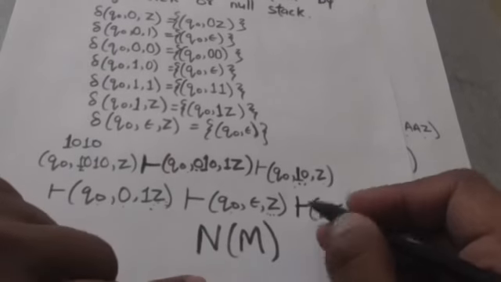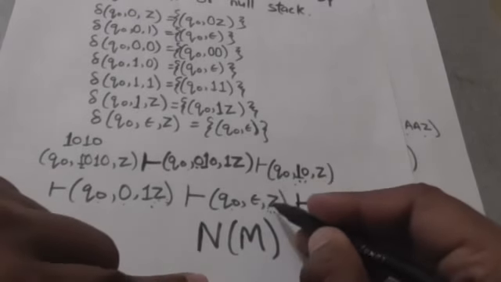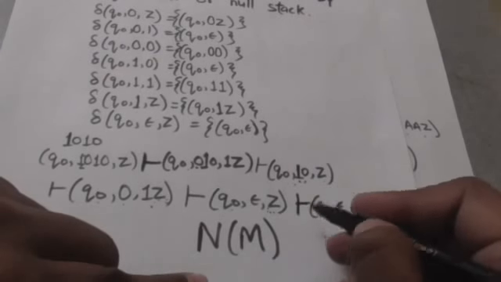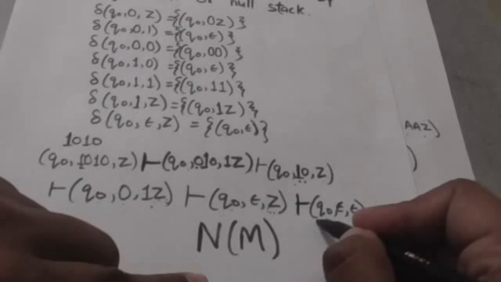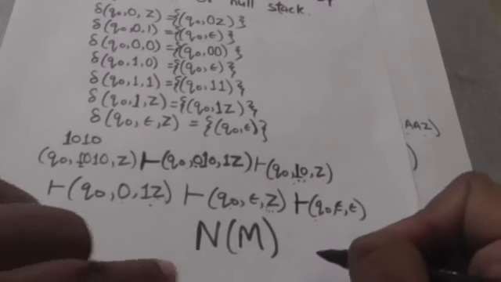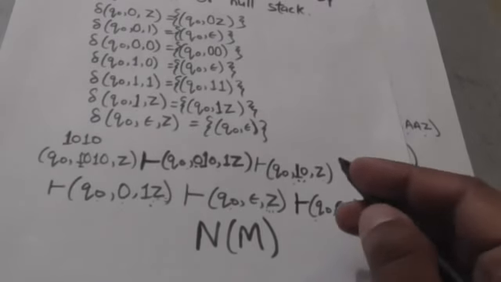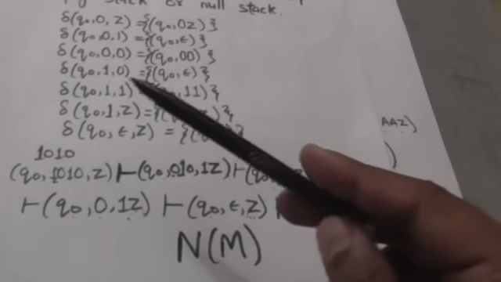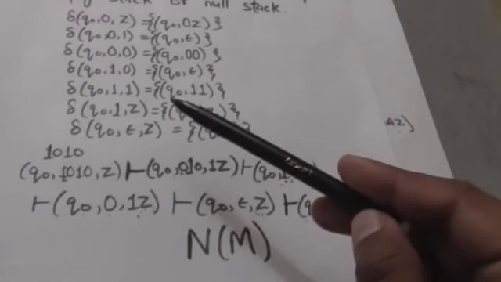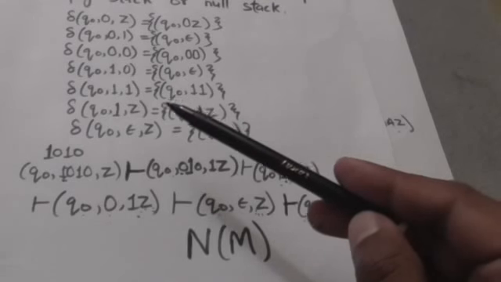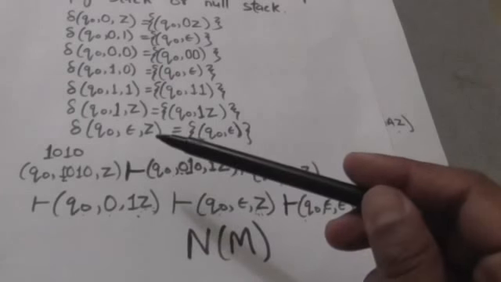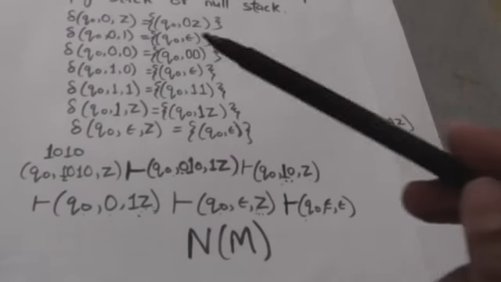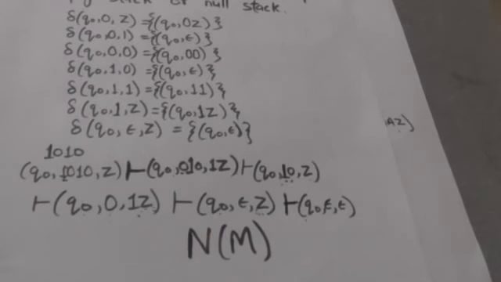So when it pops Z from the stack, the stack will be empty. Now since on reading this string 1010, Pushdown automata empties its stack, therefore this string 1010 is accepted by this pushdown automata by empty stack.